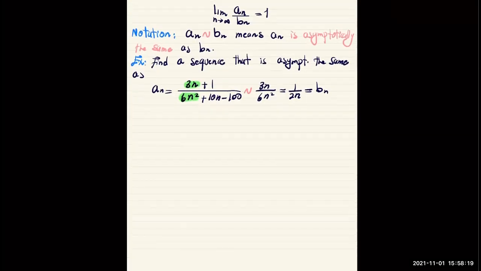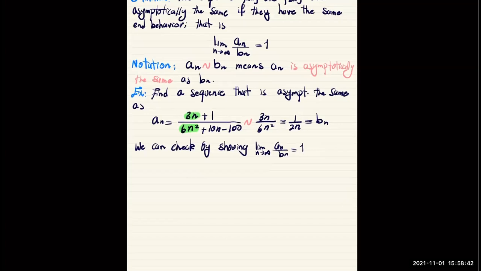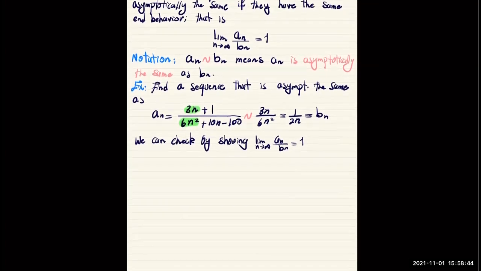Okay, you can also check by showing the limit as n goes to infinity of a sub n to b sub n being equal to 1, because that's what the definition of asymptotically the same is.